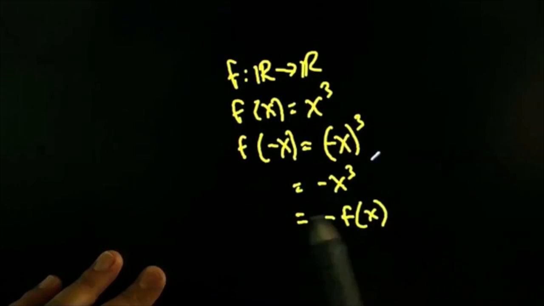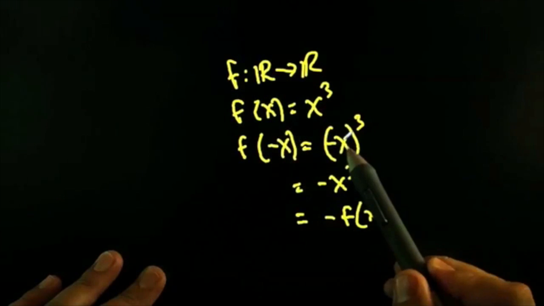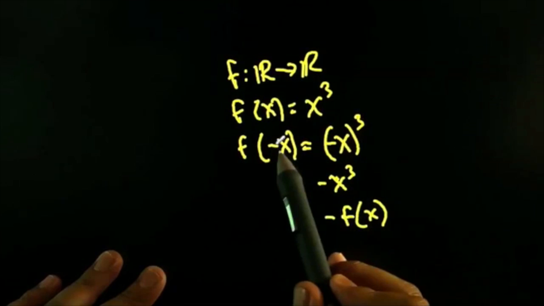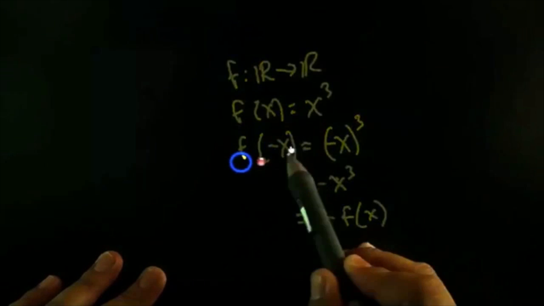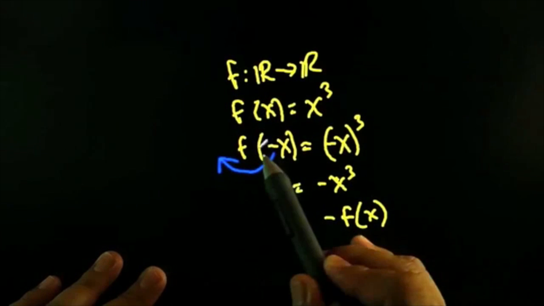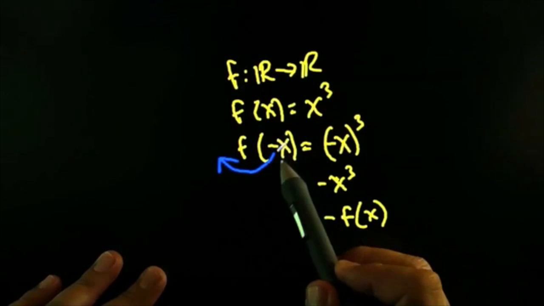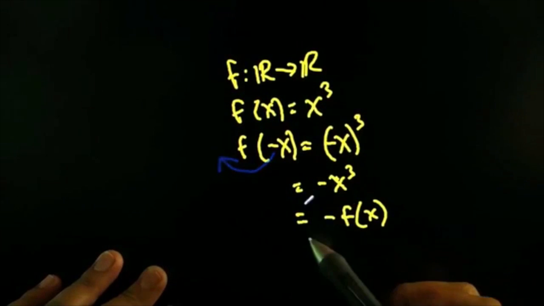So this sequence of steps shows that you can factor out this negative. As I promised, this negative can come out through the function. When that happens, we call the function odd.